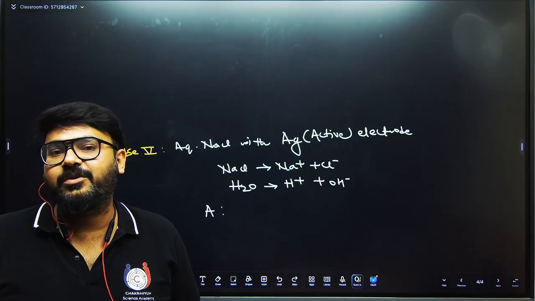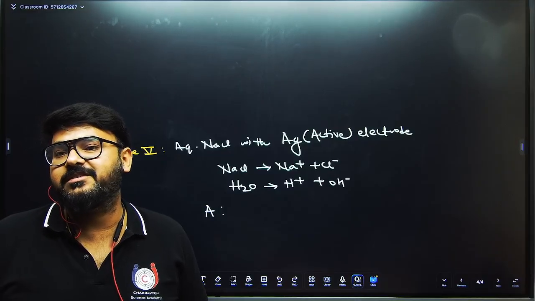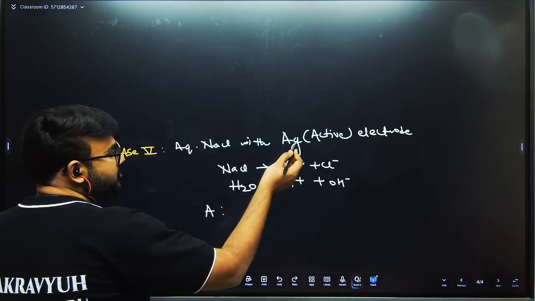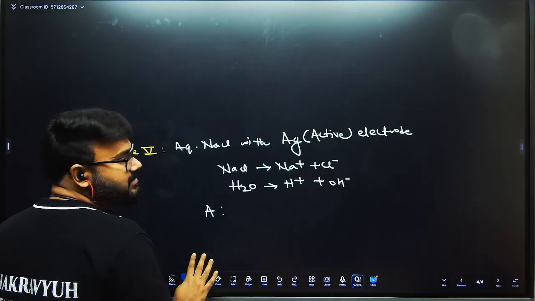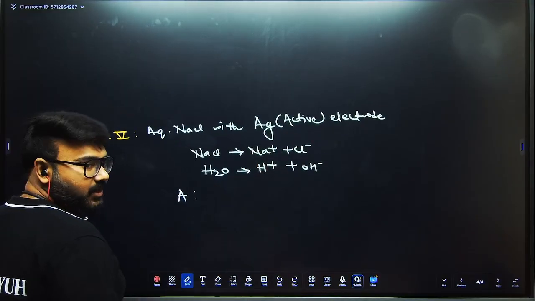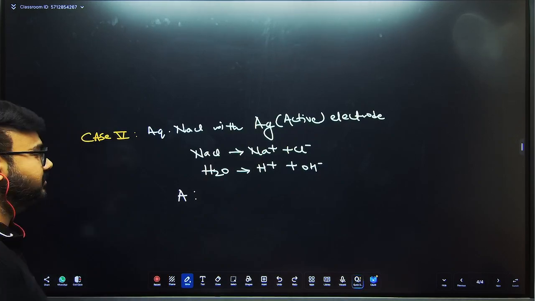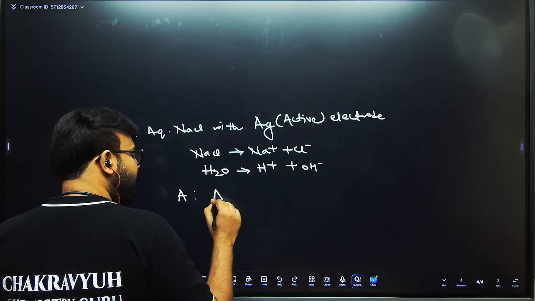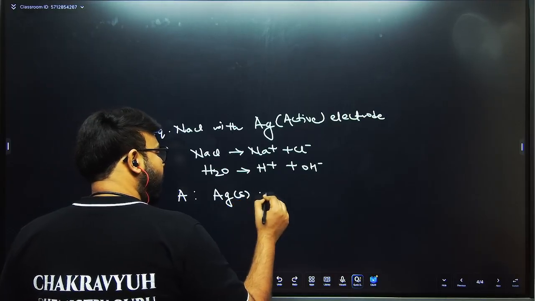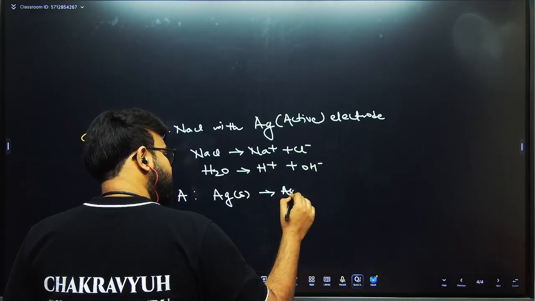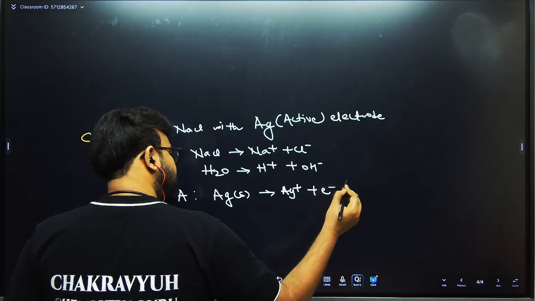I told you, no. Active electrodes form oxidation and reduction. So nothing will get discharged. Silver will only react at the anode and cathode. So it will be Ag forms Ag+ plus one electron.